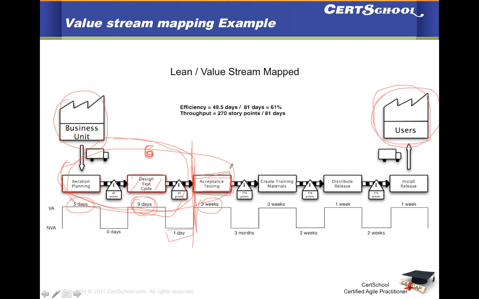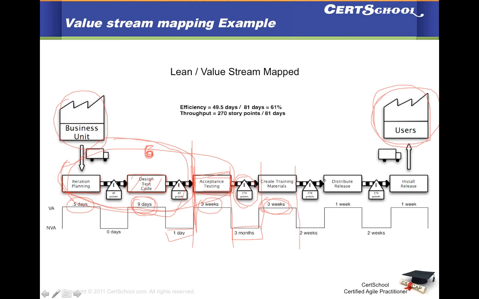And once you have finished that acceptance testing, you produce 270 story points. Before it can go to the next stage, there's a lapse of about 3 months, which is a non-value add. So whatever is needed, training material and so on, you spend 3 weeks doing that, which is time well spent.